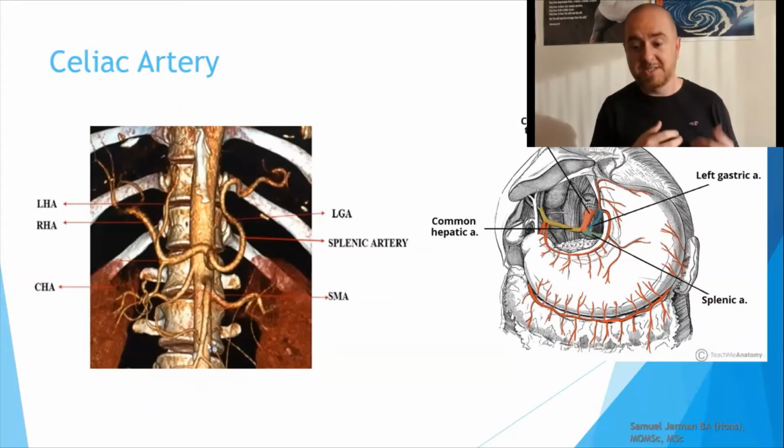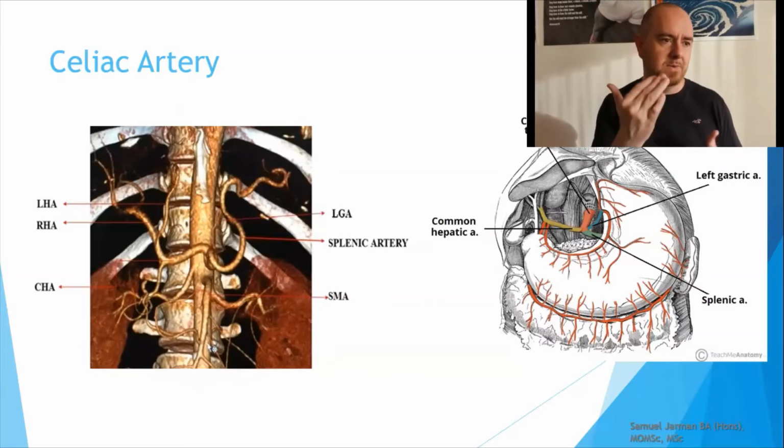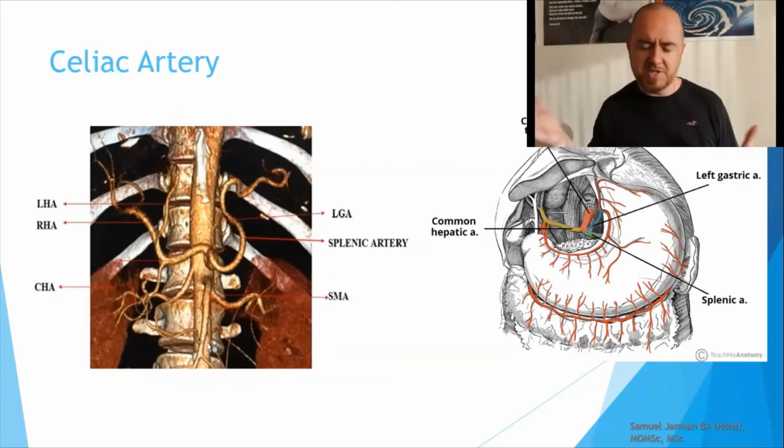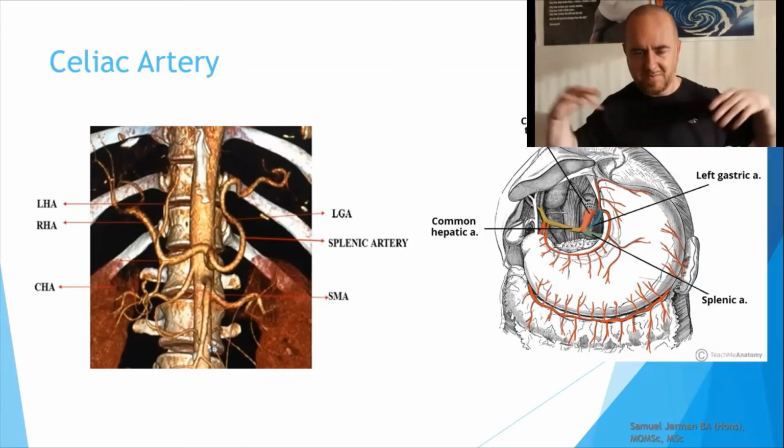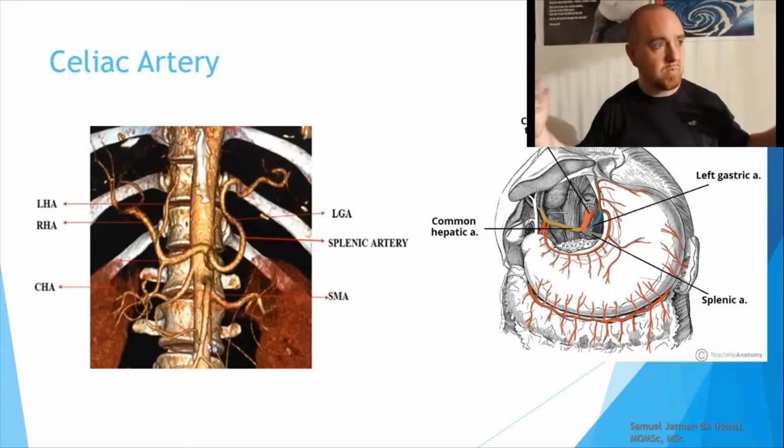The foregut is essentially the stomach, or the final portion of the esophagus, the stomach, and the first half of the duodenum before the major duodenal papilla, but also because of the celiac artery supplying the liver, the gallbladder, the stomach, the pancreas, and the spleen, those structures would generally be considered related. So it's not necessarily that they're foregut, but they are related off of the celiac artery.